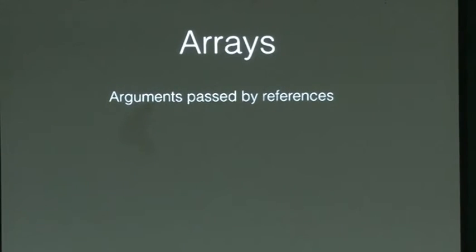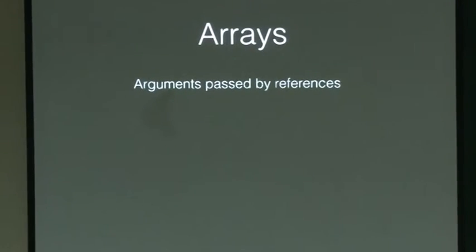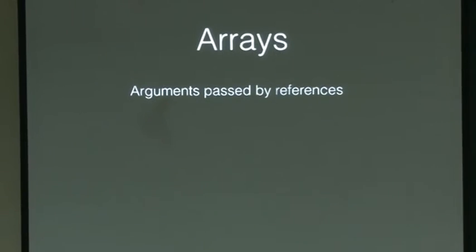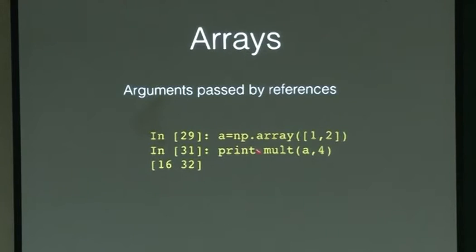So arrays are not copied, neither in C. You pass that reference and it is going to be modified because I basically passed the same array. That is passed by reference. So I have an array A which is 1 comma 2. Now I multiply this array, A is passed as an argument to the same mult function, multiplying by 4. So what is the answer?